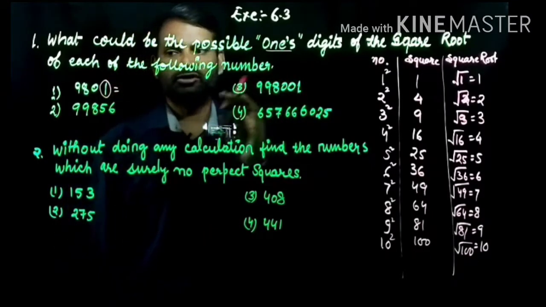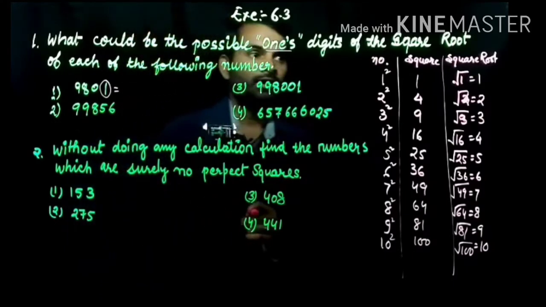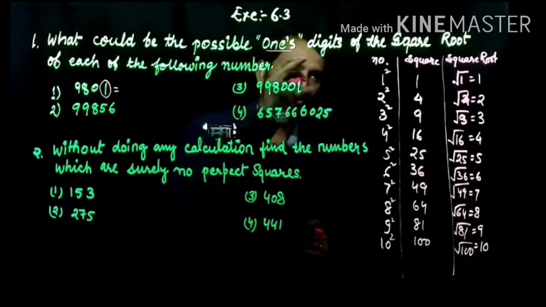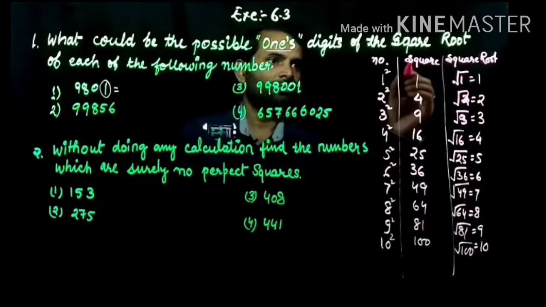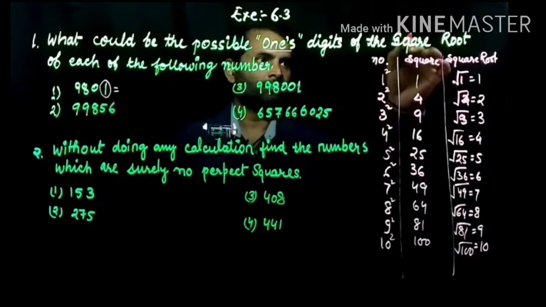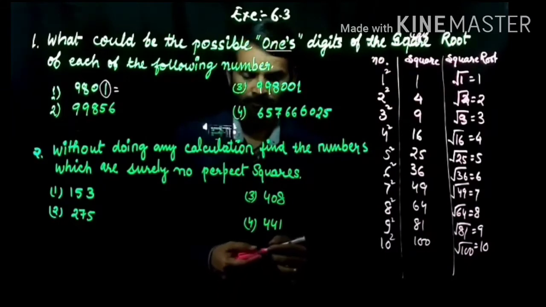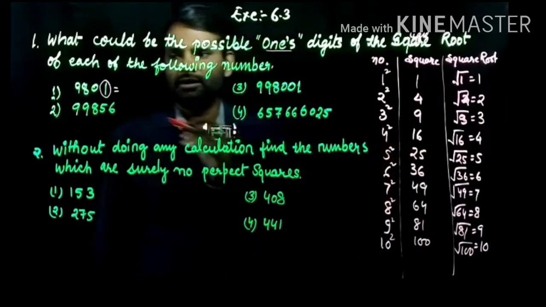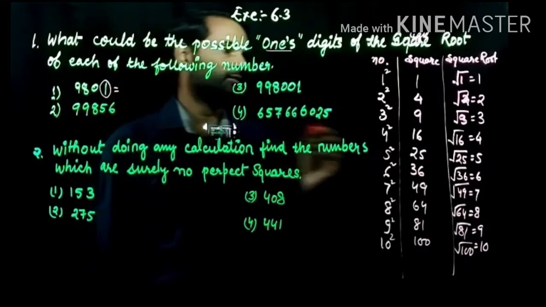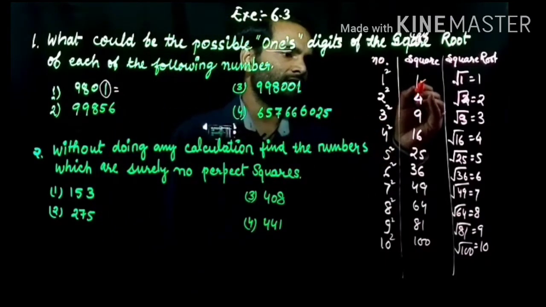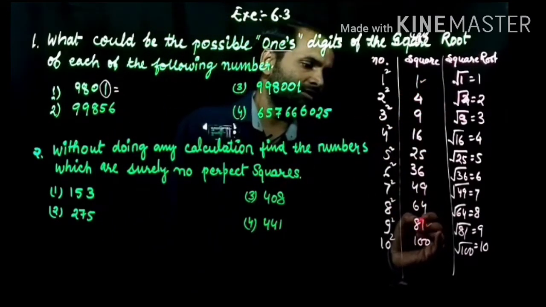This fourth question gives the square number and you find the square root. Now see that the square number is 1. Where is the square number 1? This is the square number 1 and the unit digit is 1.